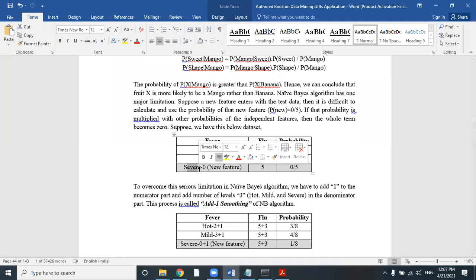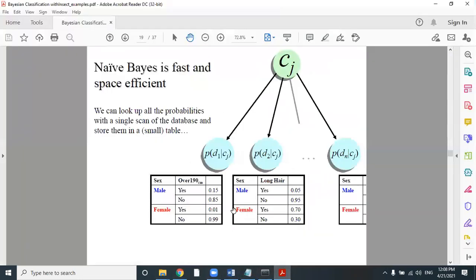That means severe is in that 20%, but severe was not present in that 80% of the training data set, because you are training your model based on that 80%. Based on those 80 sample instances, you are training your model with the help of the naive Bayes classifier, which we were doing here in the PPT.